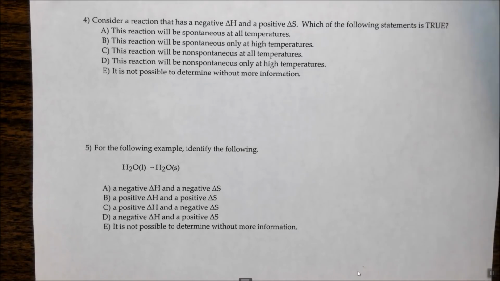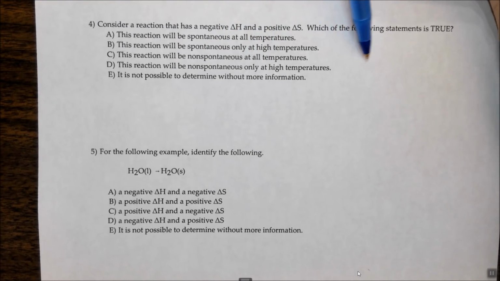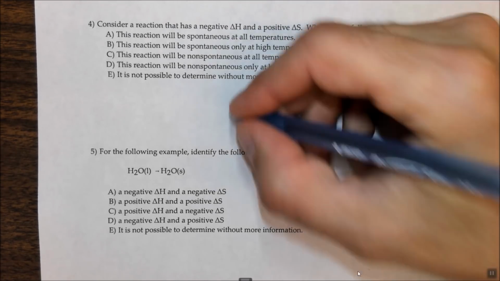Question number 4 says, consider a reaction with a negative delta H and a positive delta S. Which of the following statements will be true? And the statements pertain to the spontaneity of the reaction at various temperatures. So let's take a look at what's going on here. Well, we need to know the equation.